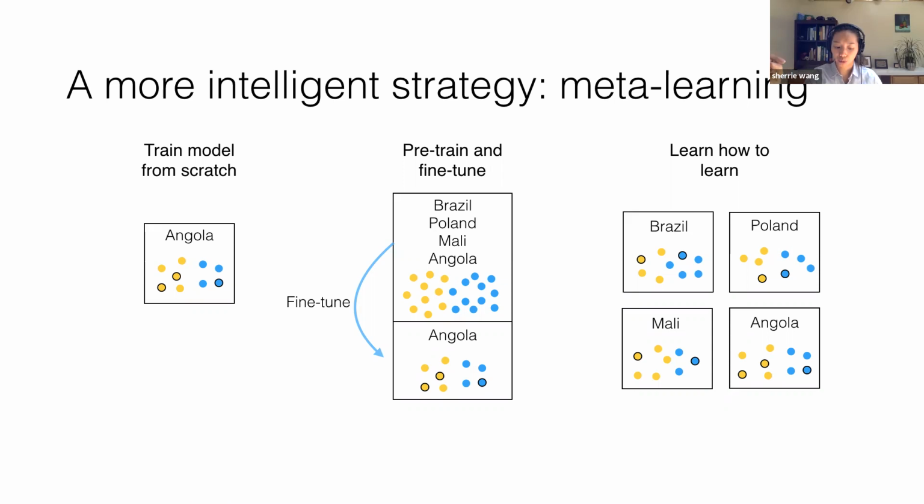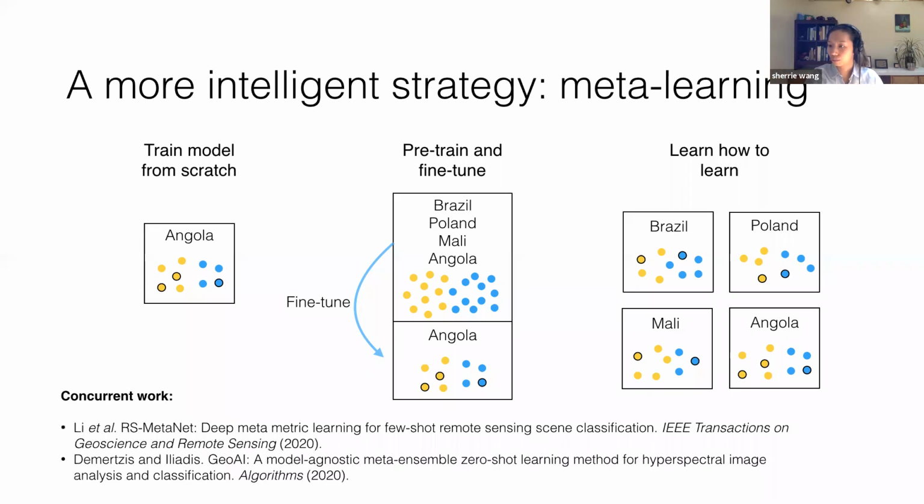And then by observing how the model performs on these small tasks from each of these regions, we try to find a way to improve the model so that it is able to adapt with just a few examples to do better.